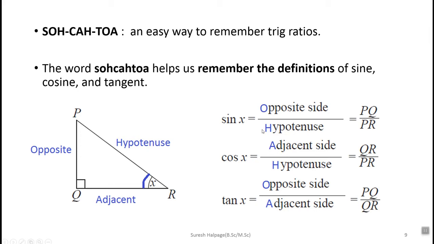So SOH: sine is opposite over hypotenuse. We can remember it like that.